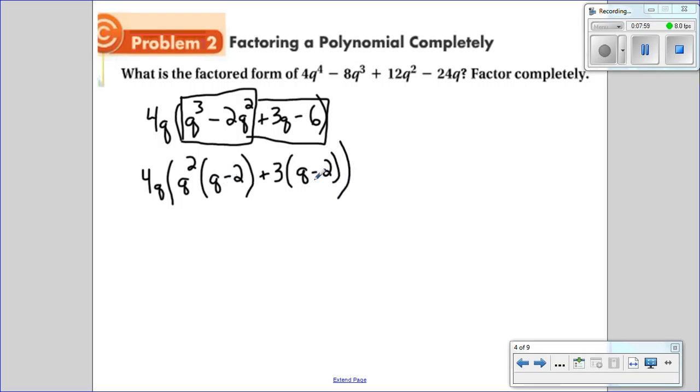You see this binomial inside is the same. So 4Q stays there. I'm going to write this part first, Q squared plus 3, and then the part that's the same, Q minus 2. And that is our factored polynomial.